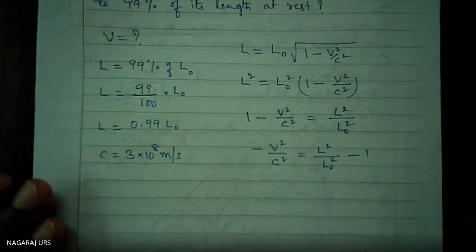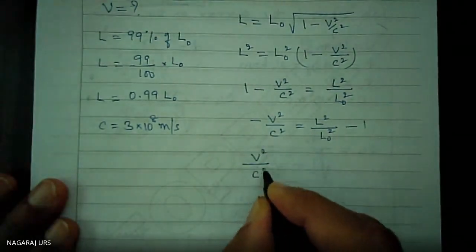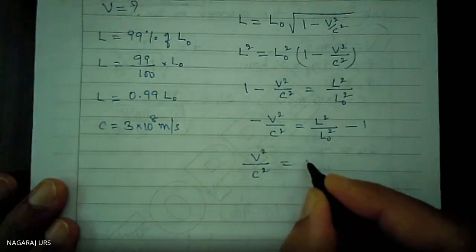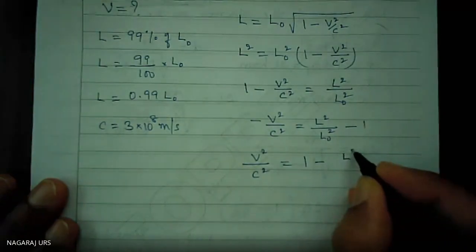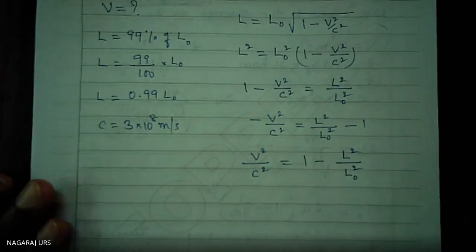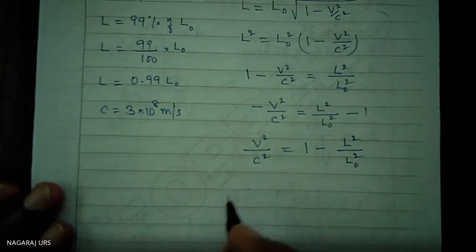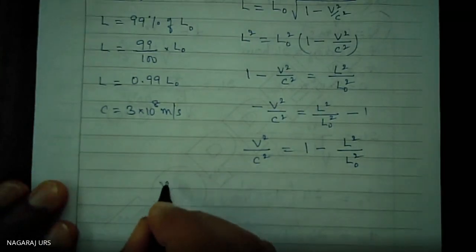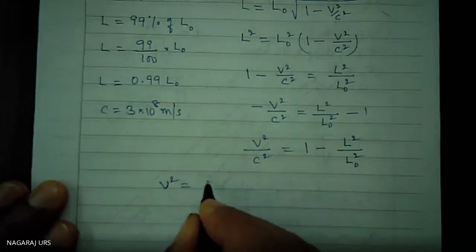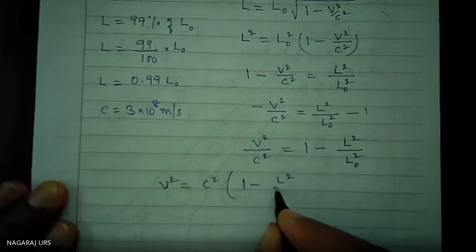So V square by C square is equal to 1 minus L square by L naught square. Clear? Therefore, V square is equal to C square into 1 minus L square by L naught square.